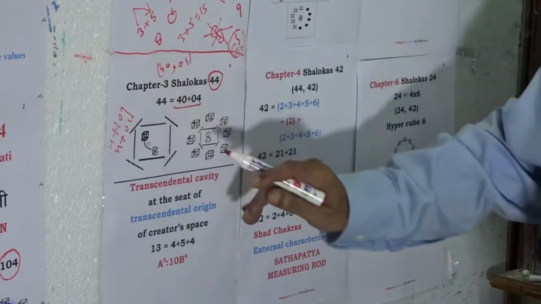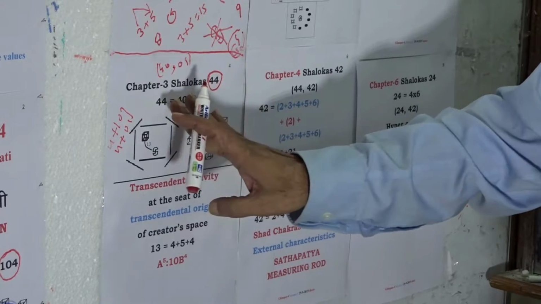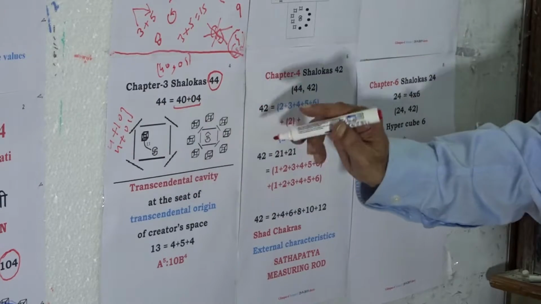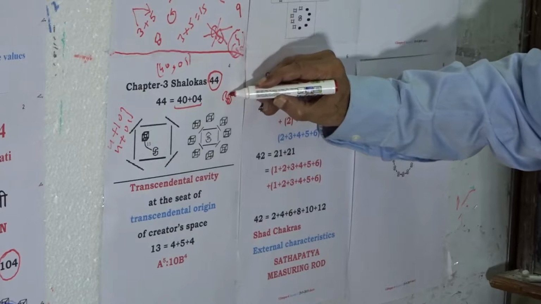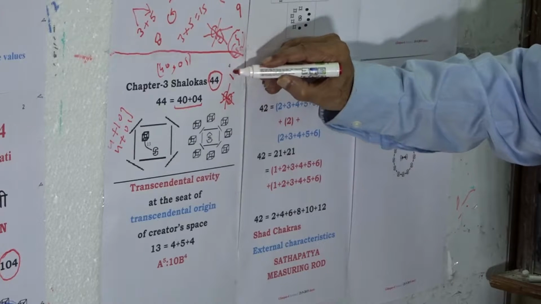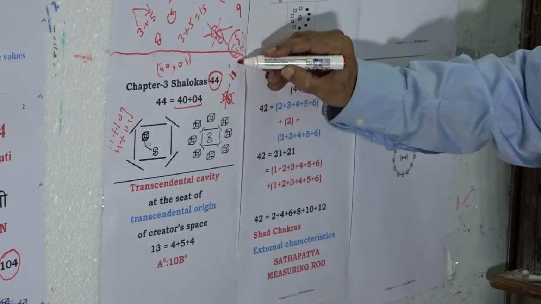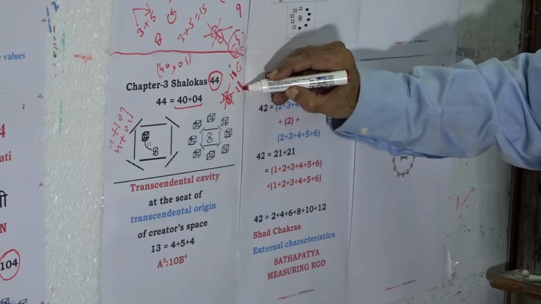Now this in fact becomes a setup of 11 multiplied by 4. For we know that hypercube 5 is a setup of 11 geometries range, and hypercube 5 is having 11 versions.